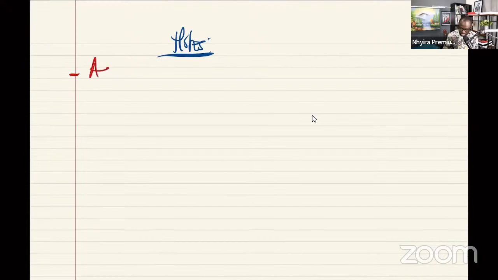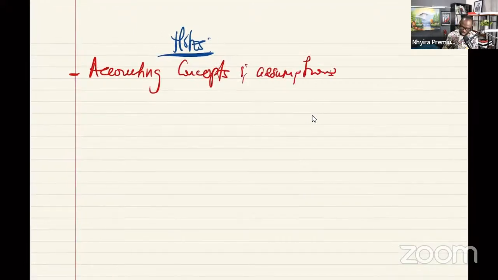So when it comes to the notes to the financial statement, various things must be disclosed. The following are some of the things that must be disclosed in the notes. Number one, the accounting concepts used and assumptions used in the preparation of the financial statements.